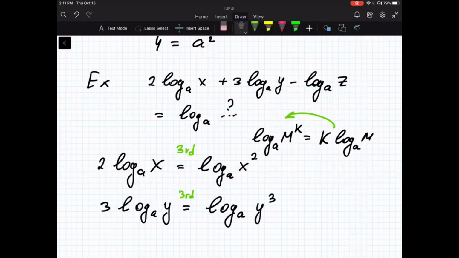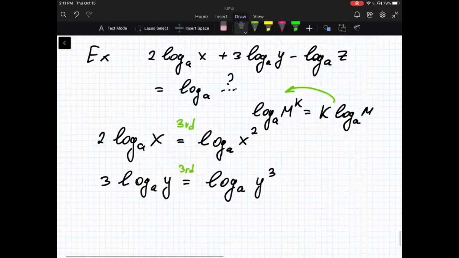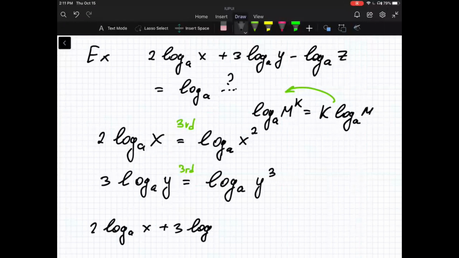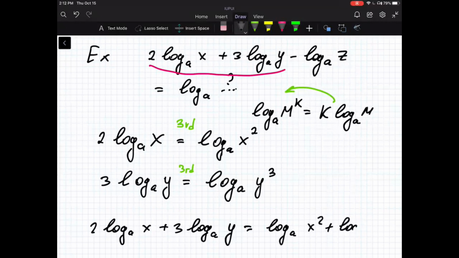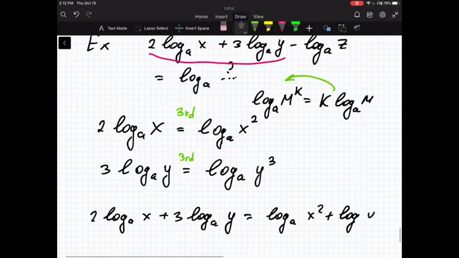And with the last one, I don't need to do anything. Then 2 logarithm of x plus 3 logarithm of y, the first part, becomes logarithm with base a of x squared plus logarithm of y cubed with base a.